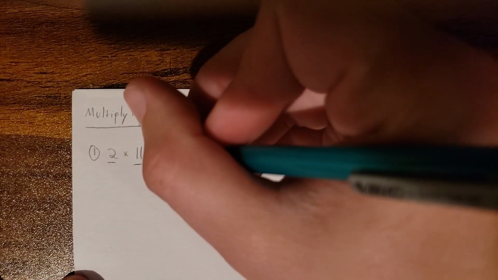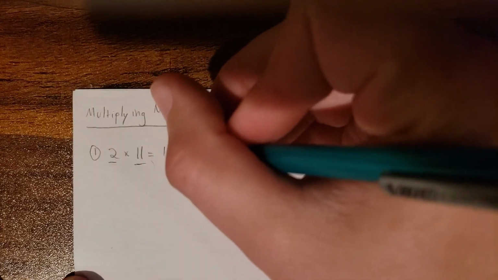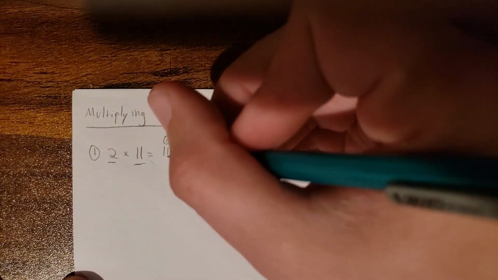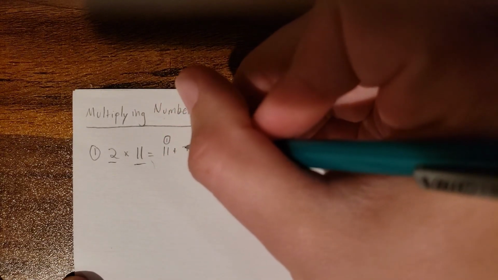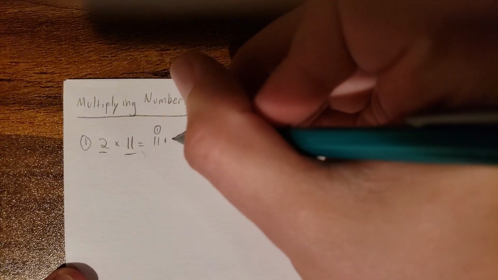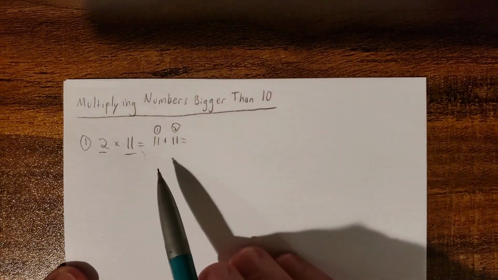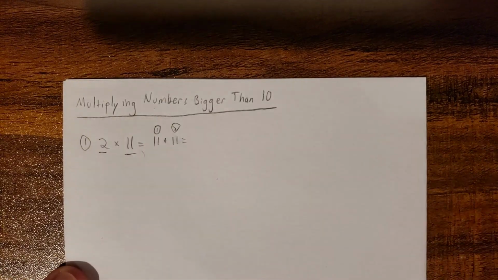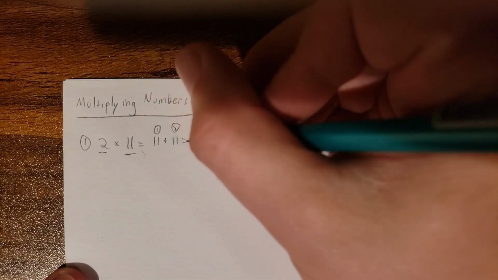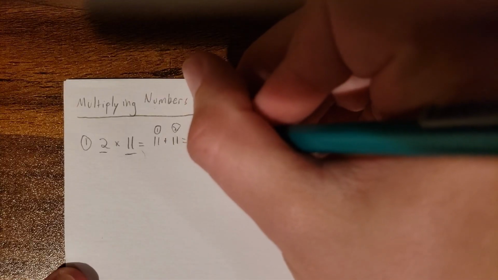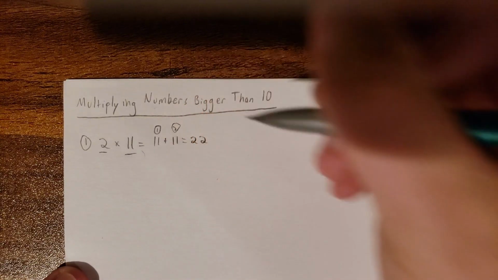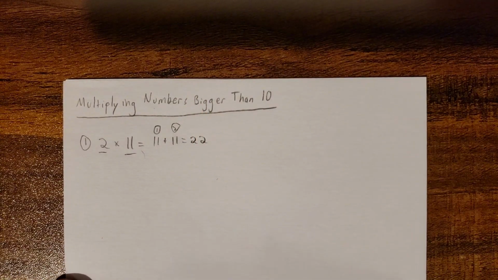You can absolutely do that. You can say, here's our first 11 plus our second 11. And if you can do that addition in your head easily enough, you can see that 11 plus 11 is 22. And that's totally fine.